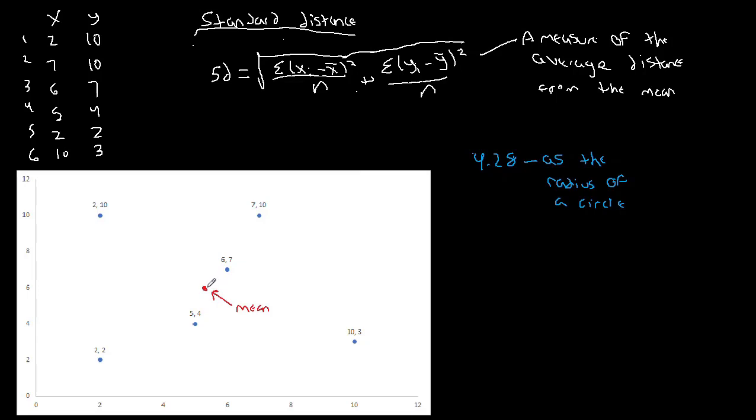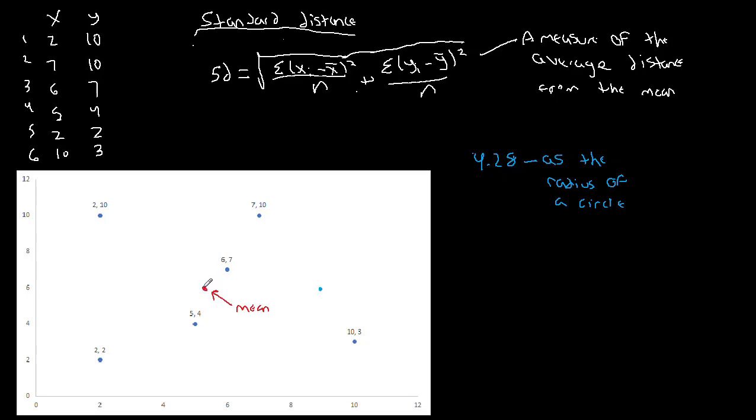So what we would do is start at the mean here, and go out approximately 4.28 in all directions, because a circle is defined as a set of points that are all equally distanced from the center. So we would start at the mean, and go 4.28. This is 5.3, so we would go plus 4, which is going to be 9.5 roughly, so we'll say right here.